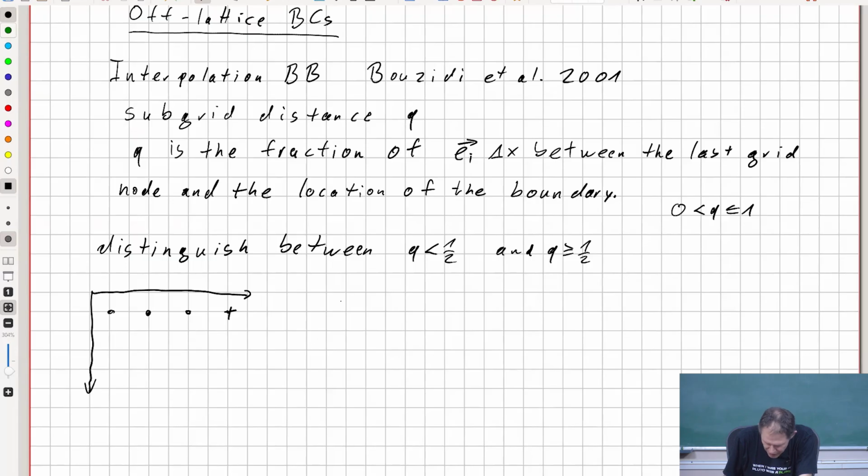So this is the boundary. Let's give some color. And this distance here is delta x times q. Of course, this is as always delta x, and this is as always delta t.